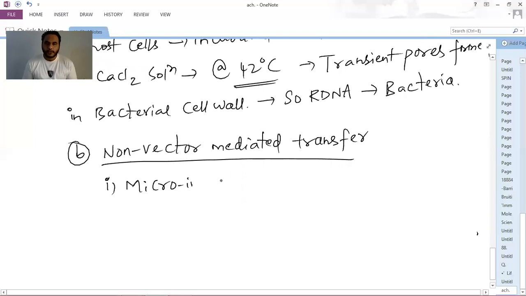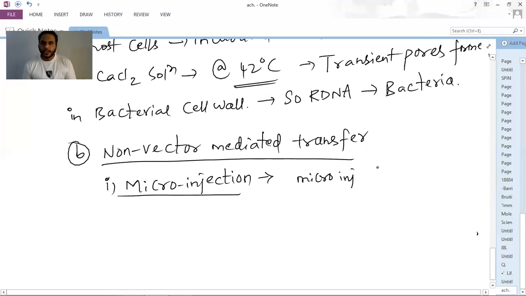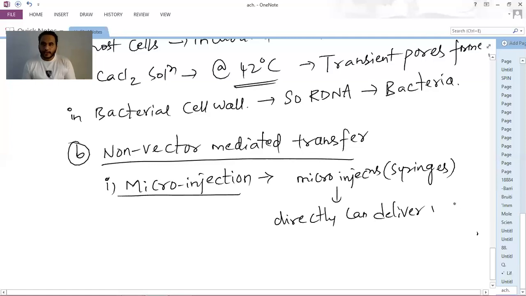Micro injection means micro syringes are used to deliver the rDNA directly into the nucleus of the host cells.